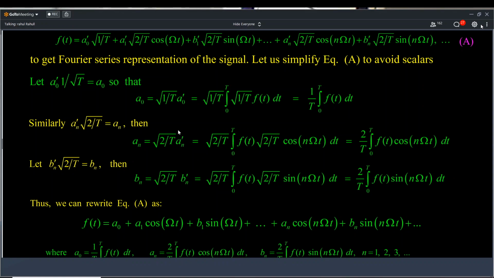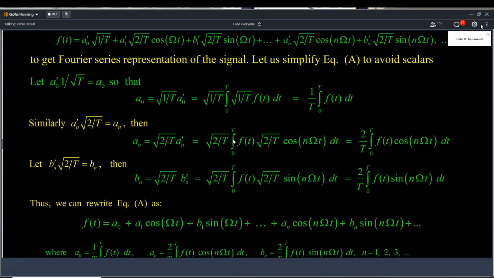So put the value of an dash. What is the value of an dash? Under root of 2 by T is a constant, as you are putting it as it is, and an dash is equal to under root of 2 by T multiplied by the integration from 0 to T of f of t multiplied by root 2 by T cosine of n omega t dt. Means this coefficient multiplied by the value of an dash.